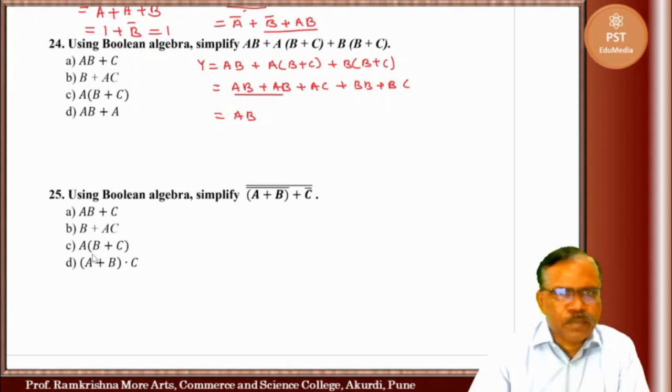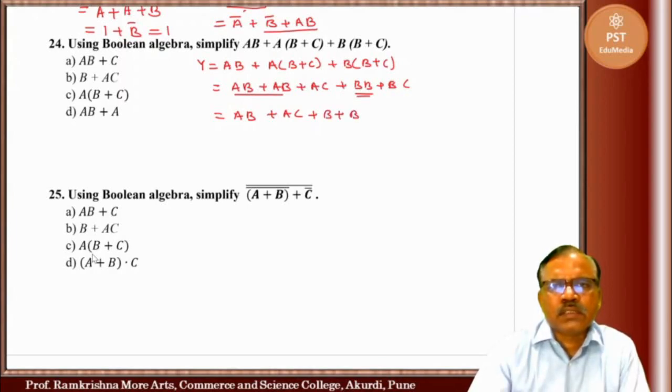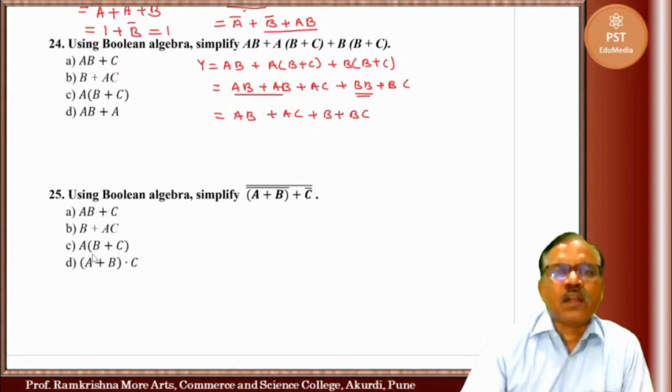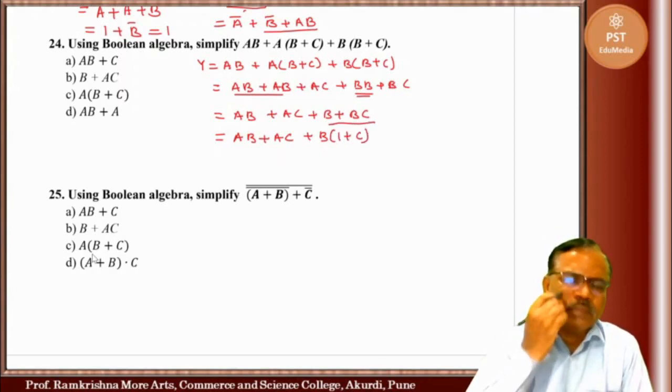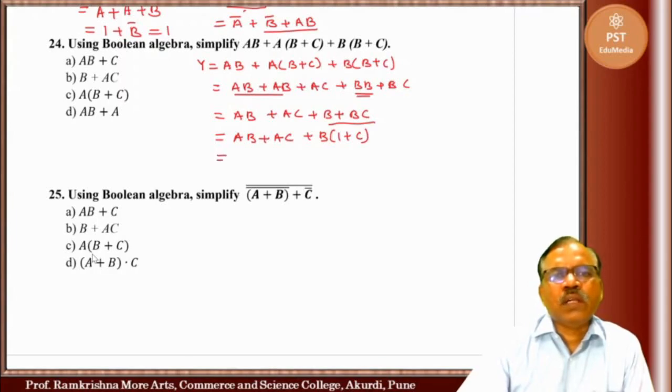This gives you AB plus AC plus B into B, that is B, plus BC. Now I can write this as AB plus AC plus B into (1 plus C). You can take B common. So it is equal to AB plus AC plus B, because 1 plus C will be equal to 1.